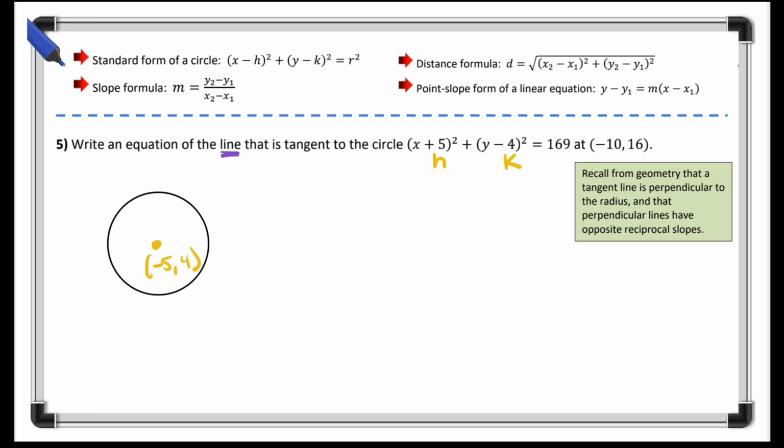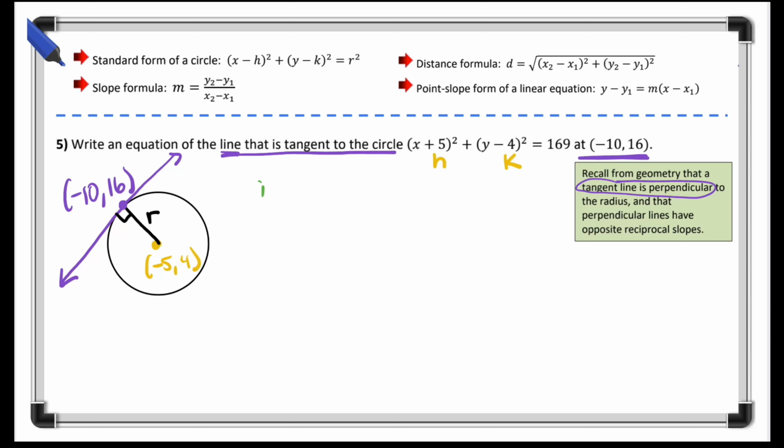Now, if we were to have a line that is tangent to the circle, recall from geometry that a tangent line is perpendicular to the radius. So here we have a tangent line, happens to be perpendicular to a radius. So here's my radius. And again, lines that are perpendicular have 90-degree angles. So this particular tangent line is tangent at that point, -10, 16.